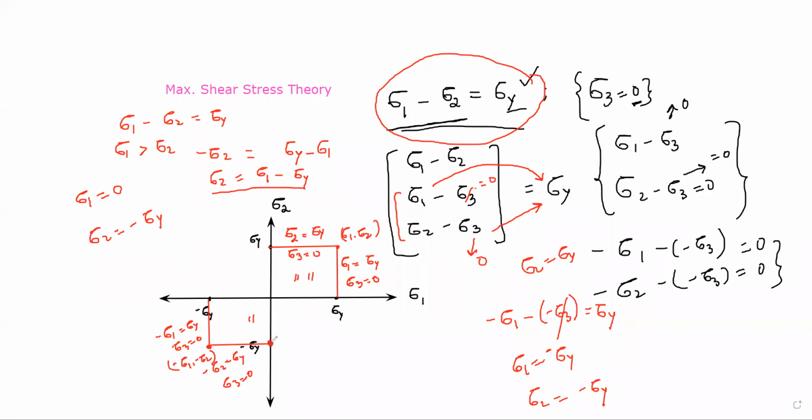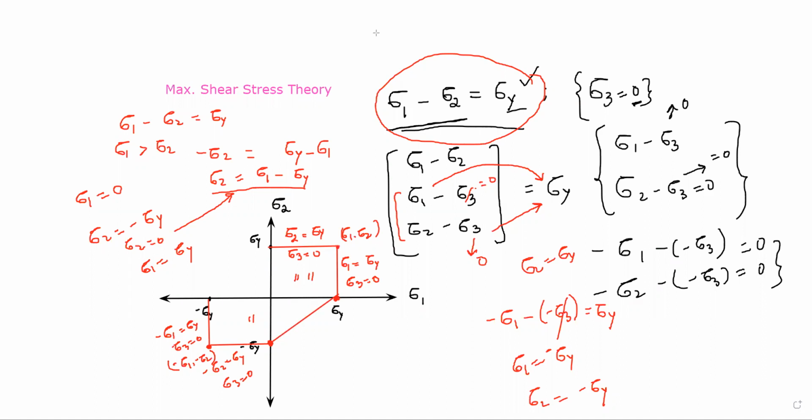So this is one point, the point which I am highlighting here, on which the value of sigma 1 is 0 and sigma 2 is equal to minus sigma y. Now say sigma 2 is equal to 0. When sigma 2 is equal to 0, then sigma 1 is equal to sigma y. On this line, sigma 2 is 0 and sigma 1 is equal to sigma y is here. So if we join all these points, because this is represented in the form of a straight line, we'll get a line like this. Fine.